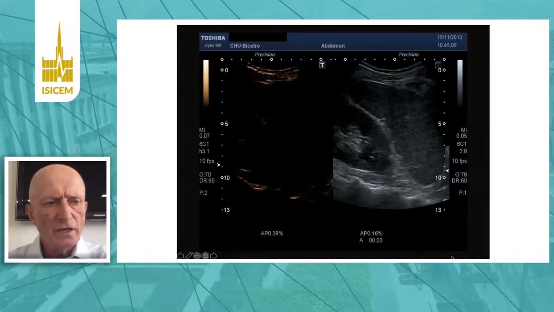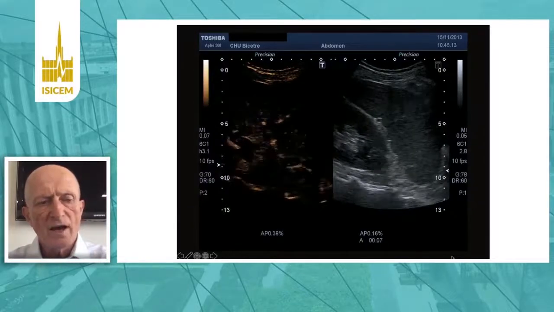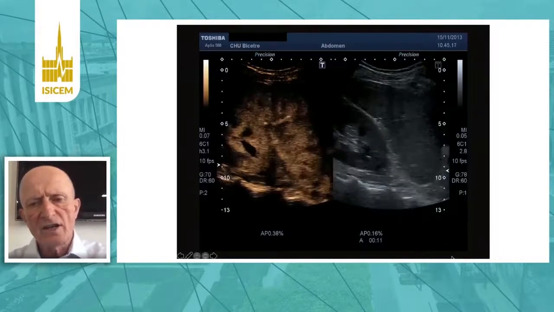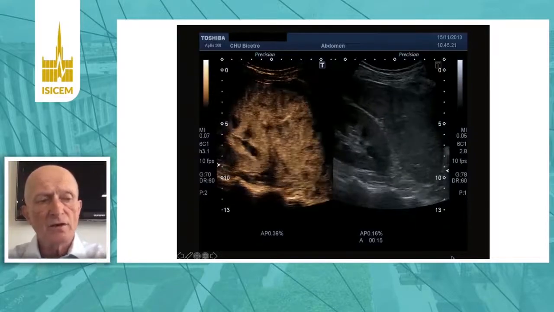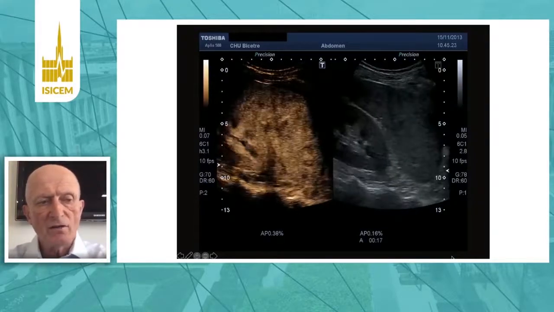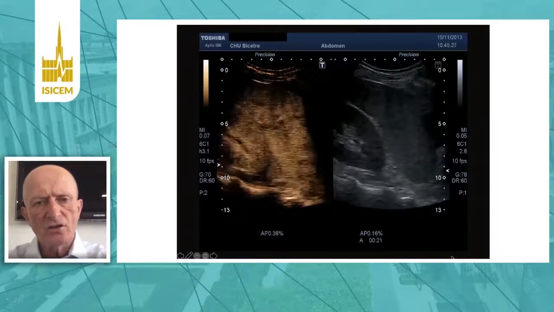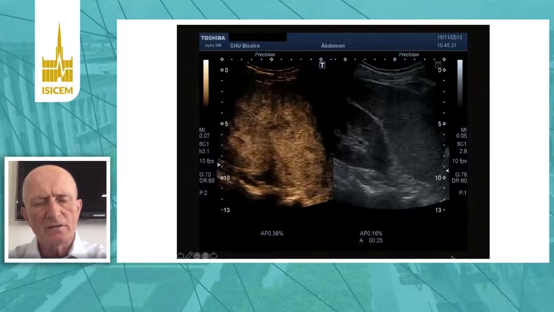Just to insist on the fact that we are totally blind to microcirculation and that this has a potential impact on the quality of your resuscitation, we looked at that in septic shock at the level of the cortex of the kidney.